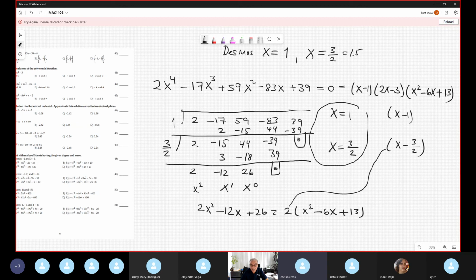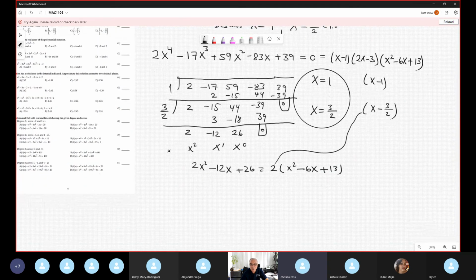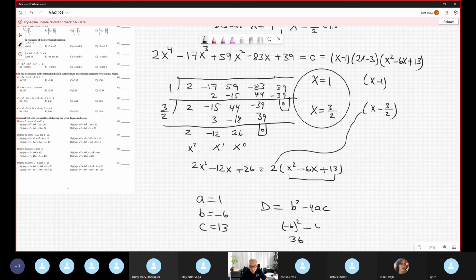Okay, 1 and 3 half. The real zeros. The only detail I need to verify is whether this trinomial is a complex, irreducible quadratic. Well, okay, a is 1, b is negative 6, and c is 13. Now, the discriminant is b squared minus 4ac. b squared, 6 squared is 36. 36 minus 4 times 1 times 13.